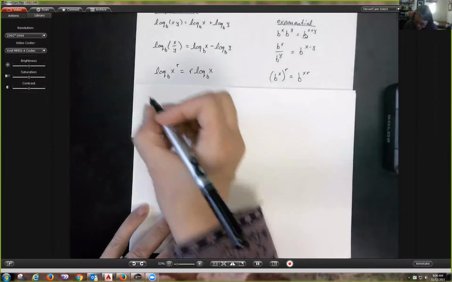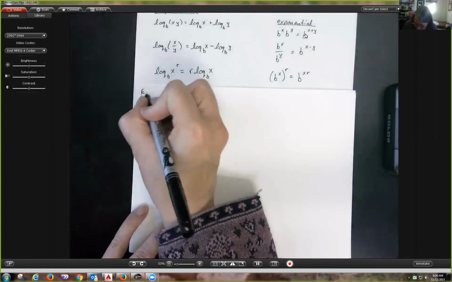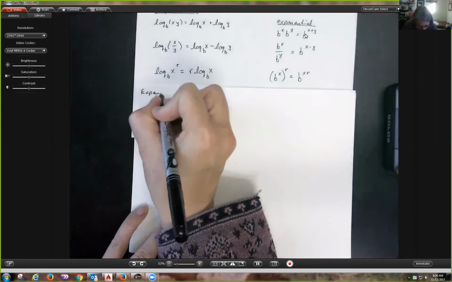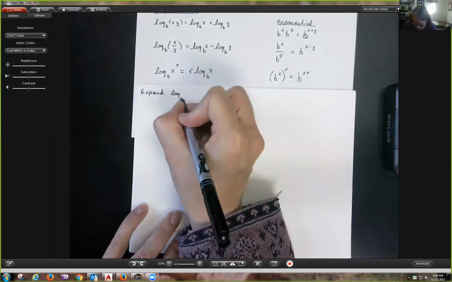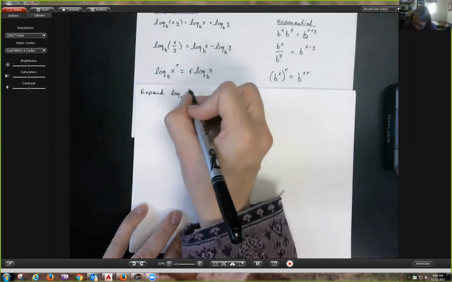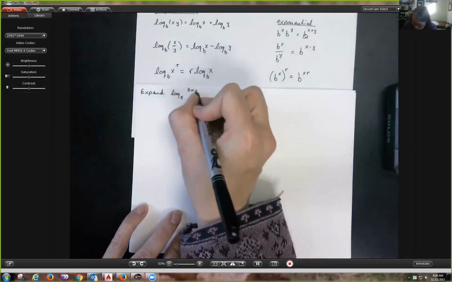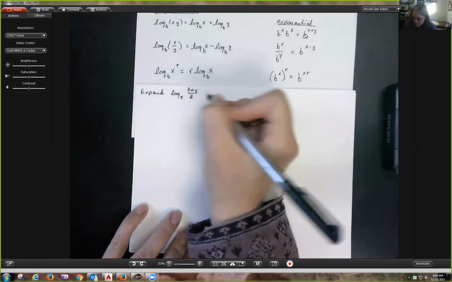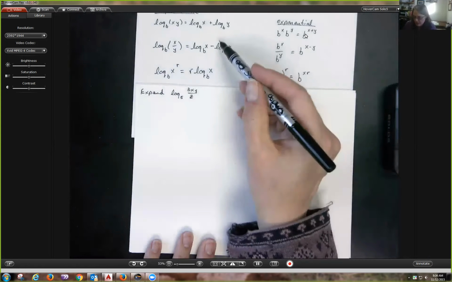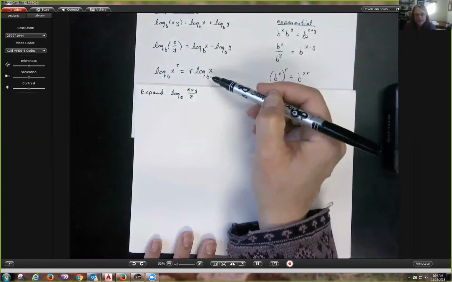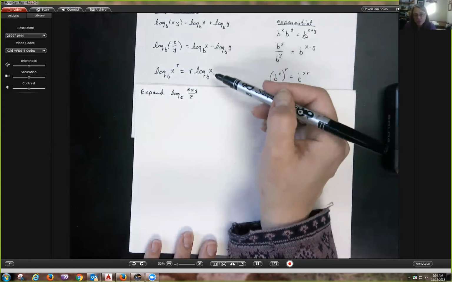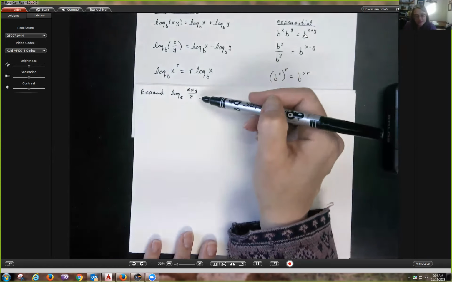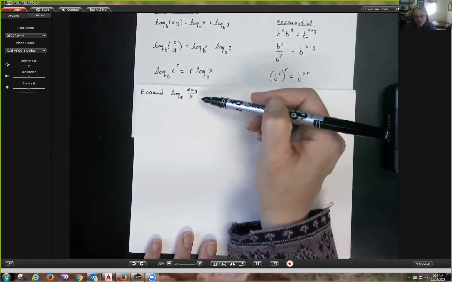So let's expand log base 5 of 3xy over z. What this means is apply these logarithmic rules to write this expression as a sum or a difference of logarithms.